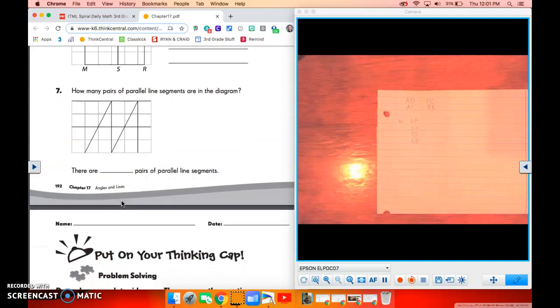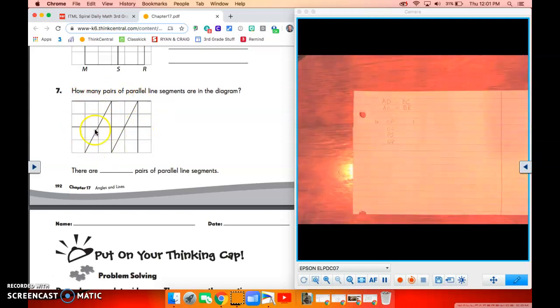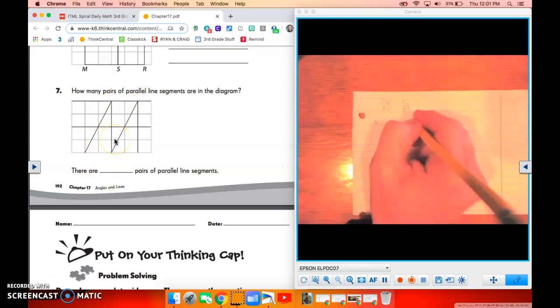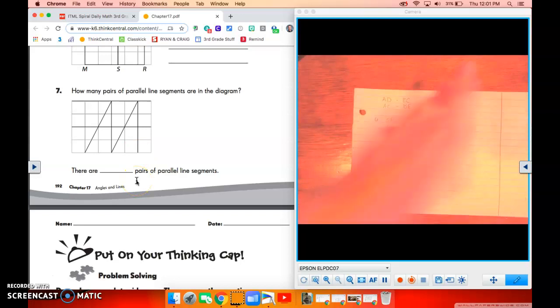Number 7, how many pairs of parallel line segments are in the diagram? Here's one that goes straight across, and here's another one that goes straight across. I'm going to use a tally mark. There's one. I see this diagonal and this diagonal, so there's another one. And then I see this straight up and down, and this straight up and down, so there's another one.